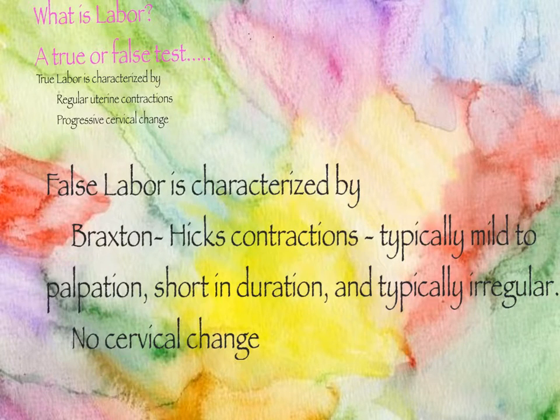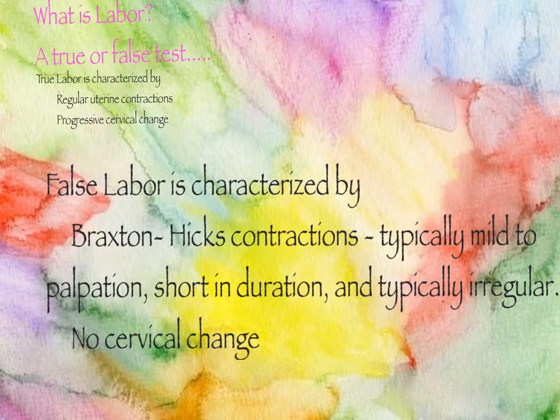Okay. So it's characterized by these Braxton-Hicks contractions. Braxton-Hicks contractions are typically very short, maybe 20 to 30 seconds. They could get up to 40 or 50, but they're irregular. Maybe it's 20 seconds now and 50 seconds later. To palpation, they are mild, and we'll discuss what a contraction feels like when you palpate mom's belly.